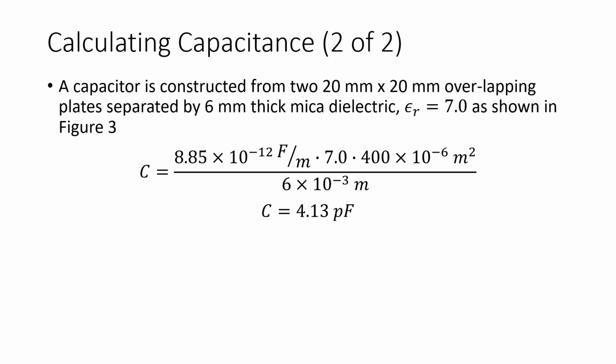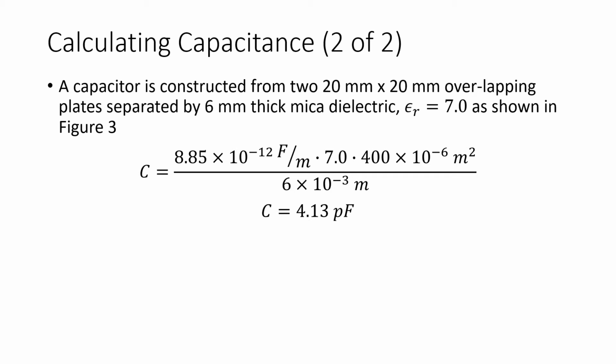So capacitance is calculated by taking 8.85 times 10 to the negative 12 farads per meter, the permittivity of a vacuum, times the relative permittivity value of 7, times 400 times 10 to the negative 6 square meters, divided by 6 times 10 to the negative 3rd meters. And we yield a value of capacitance of 4.13 picofarads.